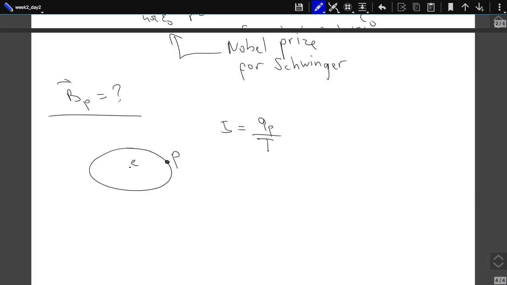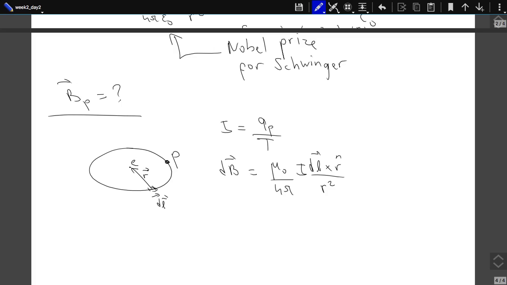Do you remember it? dB is equal to mu 0 over 4 pi, I dl cross r hat over r squared. Do you remember it now? Okay, so let's just take a very small segment over here. This is our dl, and this is our r.